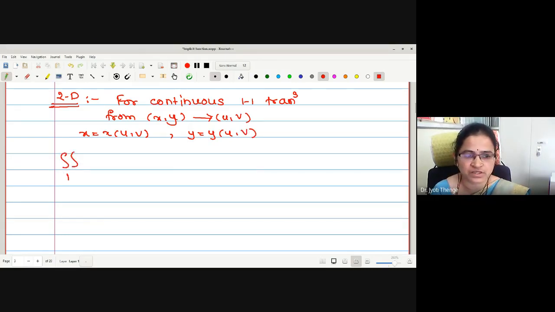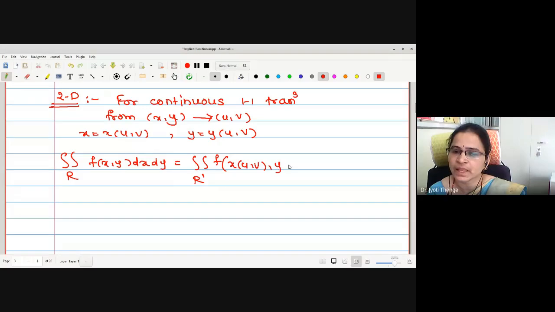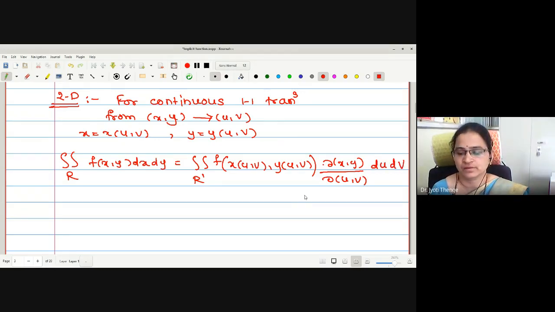Suppose a double integration over a region R of f of xy dx dy. How am I going to change it? Suppose the region changes to R dash. I substitute x as a function of uv, and similarly y is also a function of uv. Then what is the corresponding change? Here we were writing the Jacobian of xy with respect to uv into du dv. Do you recall this or not?